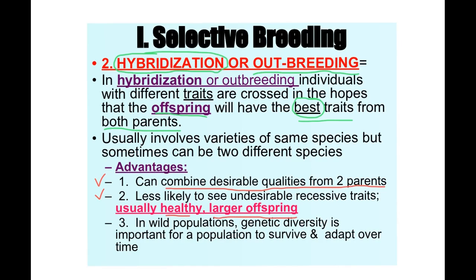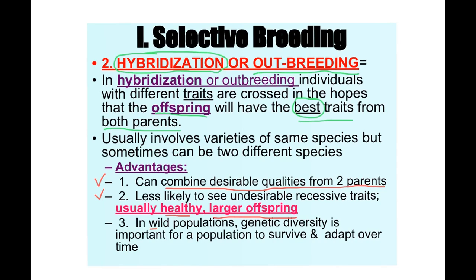So for people that have dogs, if you have a purebred bulldog, let's say, those animals are usually less healthy than a mutt that you could buy at the pound. The reason is, when you inbreed, this is what we're going to go into next, those organisms are less healthy, but when you hybrid or outbreed, they're usually larger and healthier.